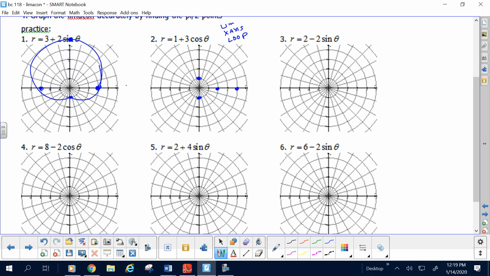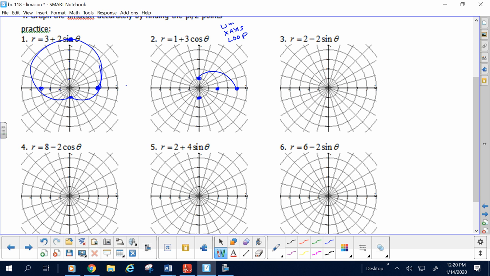Ready? Do you agree it's a limacon? Yeah. Do you agree it's symmetric at the x-axis? Do you agree it's a loop? Yeah. Okay. So you should be at 4 to start with, then getting smaller and smaller until at the y-axis it's 1.